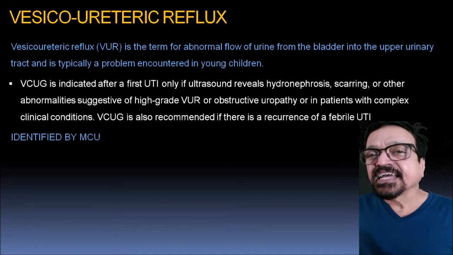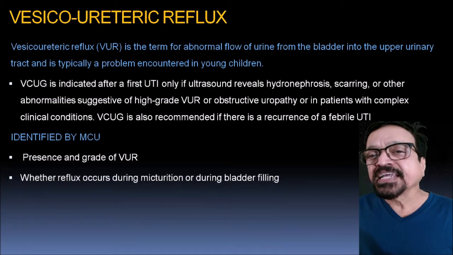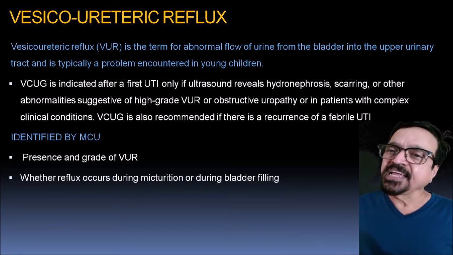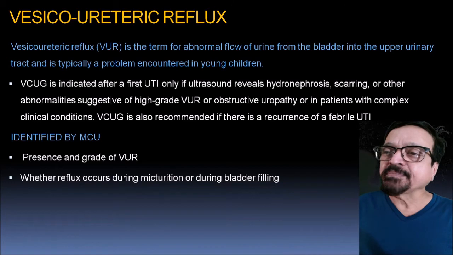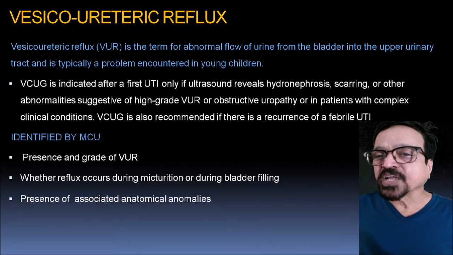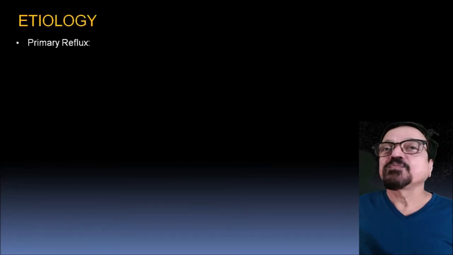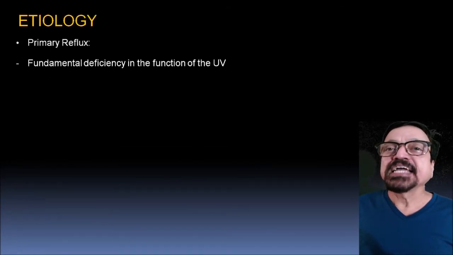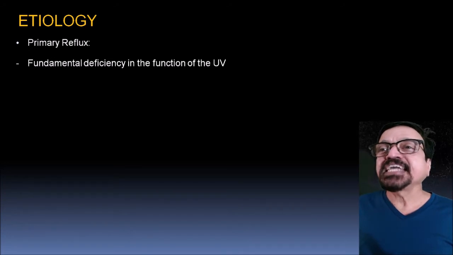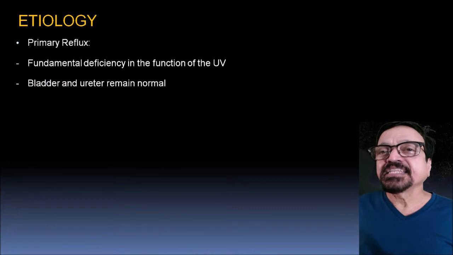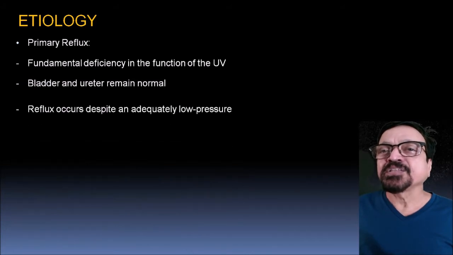Then identified by the MCU are the presence and grades of VUR, whether reflux occurs during micturition or during bladder filling, and the presence of associated anomalies can also be detected. What is the etiology? Primary reflux is a fundamental deficiency in the function of the ureterovesical junction. The bladder and ureter remain normal.